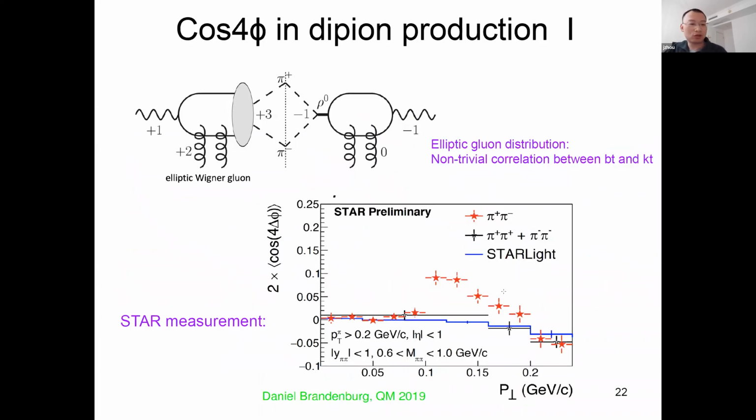Okay, now let me address the last topic, cosine 4 phi asymmetry in Rho zero production. As just mentioned, most dipions are produced from the Rho decay, but still there's some portion of the pions that are directly produced, either hadronically or electromagnetically.